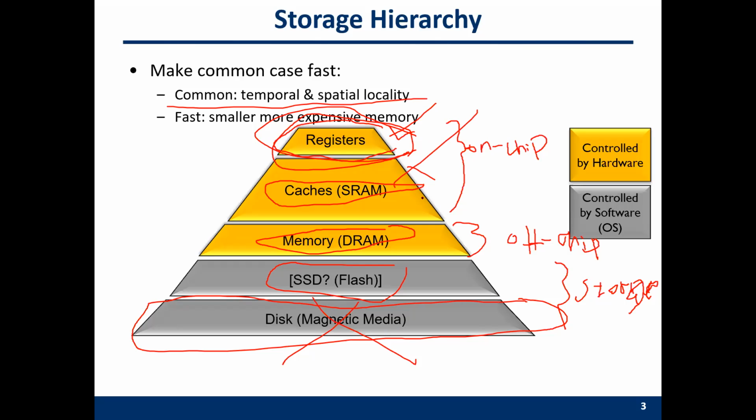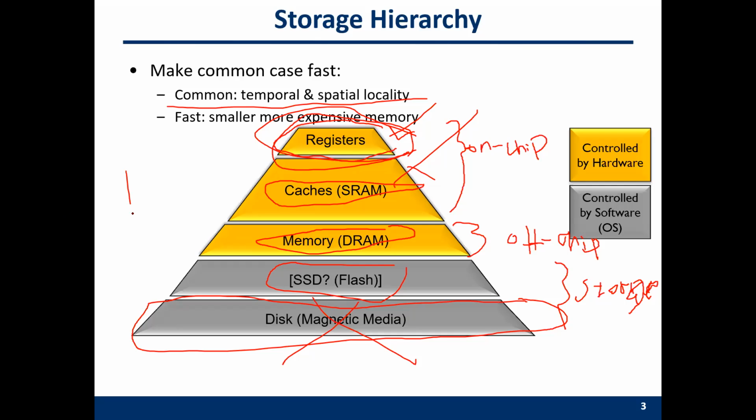But this so-called temporal or spatial locality does not exist anymore because of big data applications. When you do sorting, or a hash table lookup, these applications have a very large footprint.